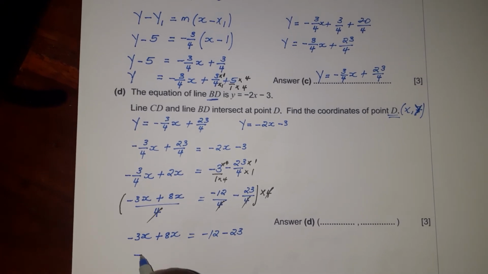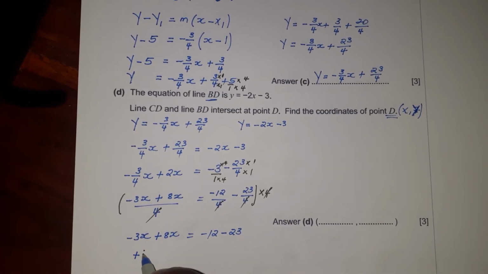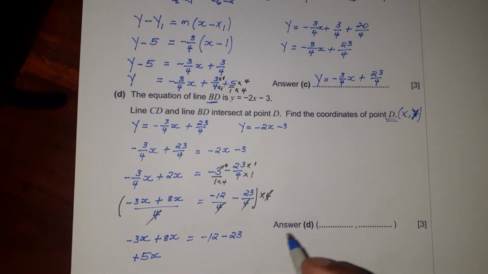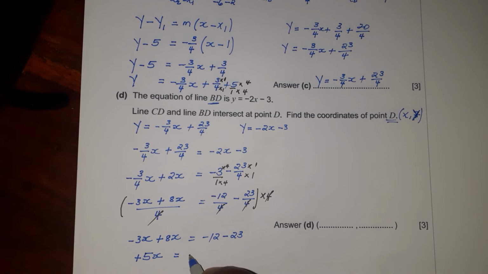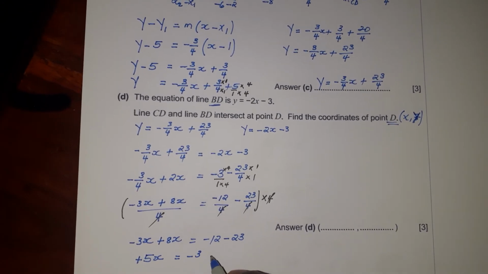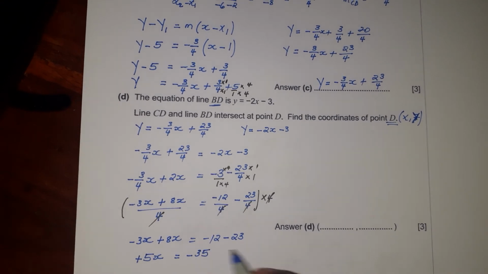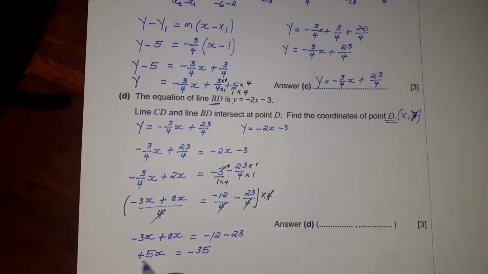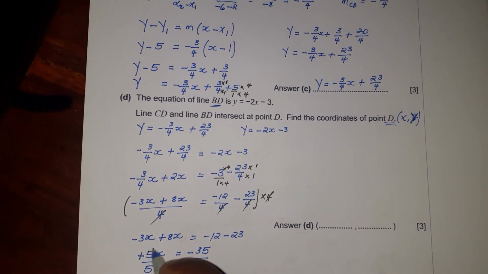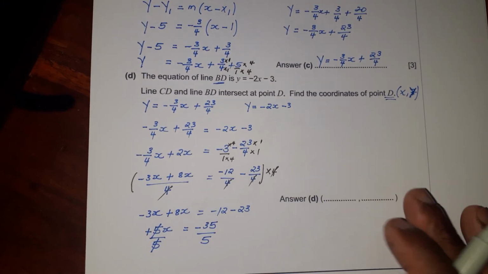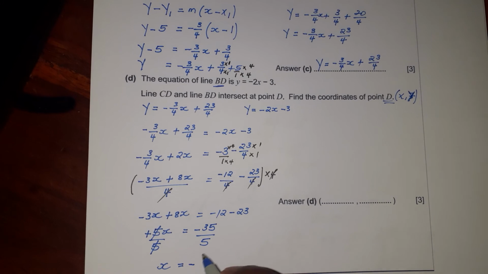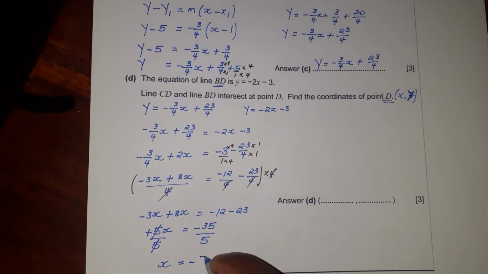Then this will give us, in positive, 5x equals negative 35. Then we divide throughout by 5, so that this 5 and that 5 can cancel, and then our x is equal to negative 35 by 5, which is negative 7.